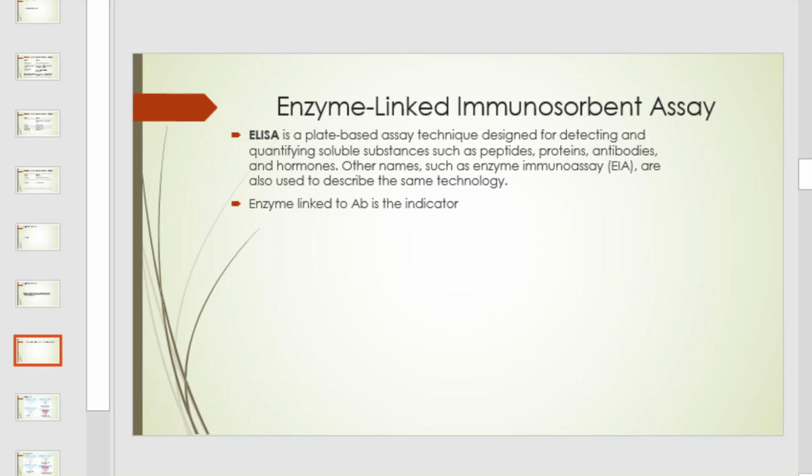Next, we'll explore ELISA, or enzyme-linked immunosorbent assay. ELISA is a plate-based assay technique designed for detecting and quantifying soluble substances such as peptides, proteins, antibodies, and hormones. Other names, such as enzyme immunoassay, are also used to describe the same technique.